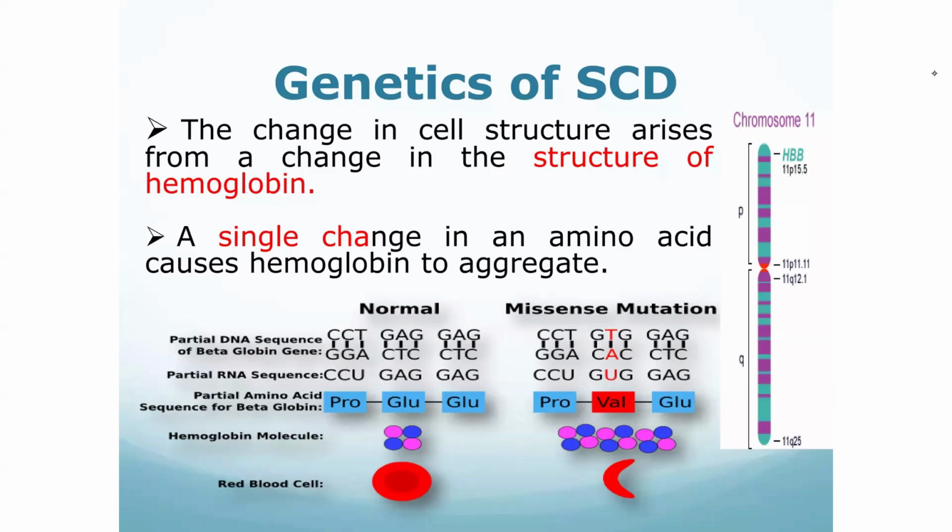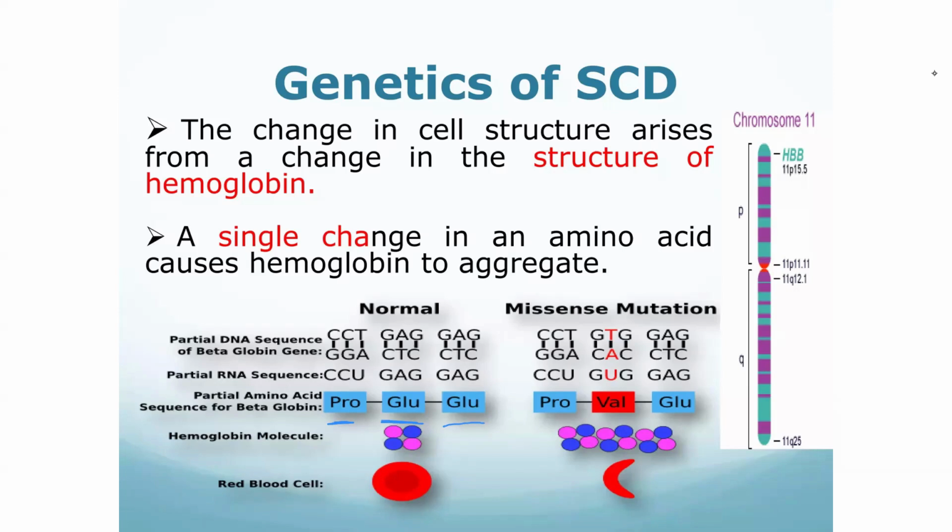The CCU codes for the amino acid proline, and then the GAG codes for the amino acid glutamic acid, and the next GAG codes for another glutamic acid. So this is a normal hemoglobin where we have a glutamic acid here.